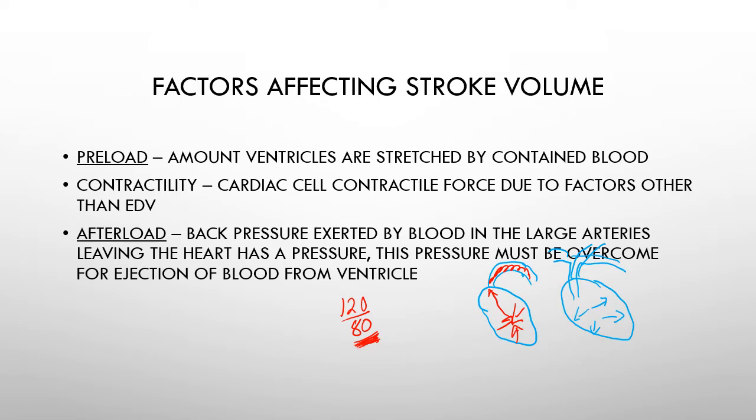In the process, they're going to go from that 80 up to 120 inside there, and then the 120 is going to come back down to 80. But the afterload is the amount of pressure that is inside that aorta that the ventricle basically has to get above in order to have that contraction or that ejection to occur.